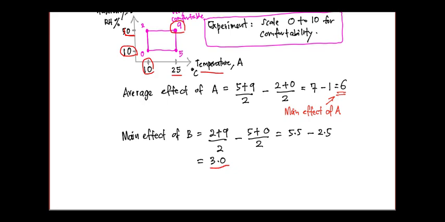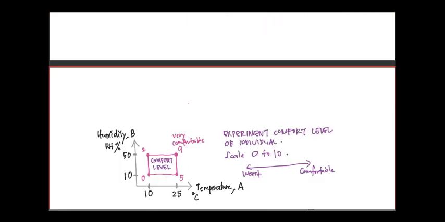So as you can see here, the effect of the temperature has been higher than the effect of the relative humidity. By increasing the temperature, the comfort level has increased more than when we change the relative humidity. So these two values show these results.